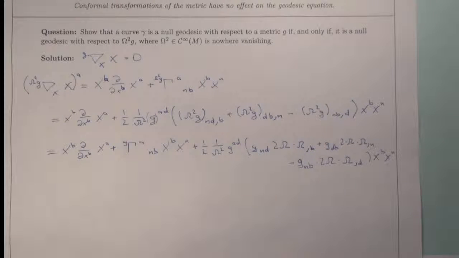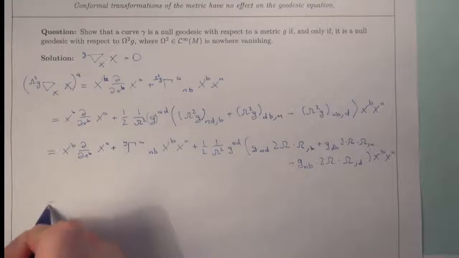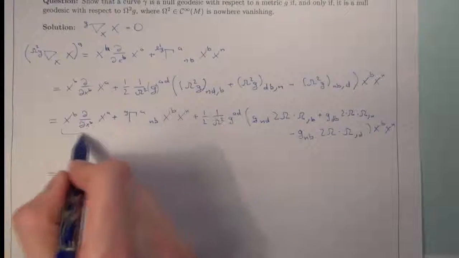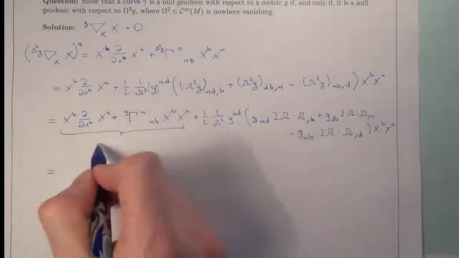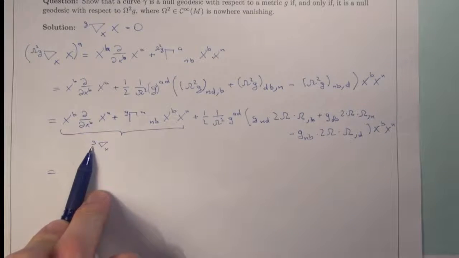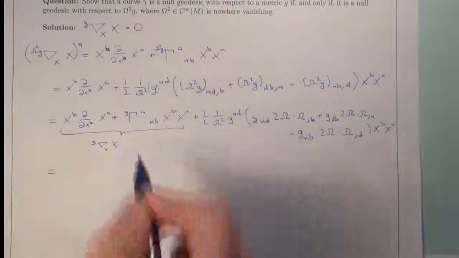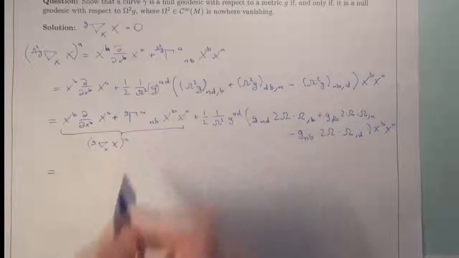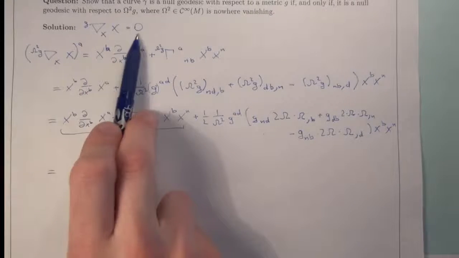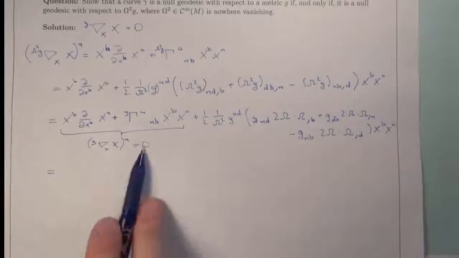So that's it up to here, and now we again analyze what we have here. This one is just nabla x connection with respect to the metric g x, and of that the 8th component, but we know that this is 0 because that was our starting point. So this one is gone.